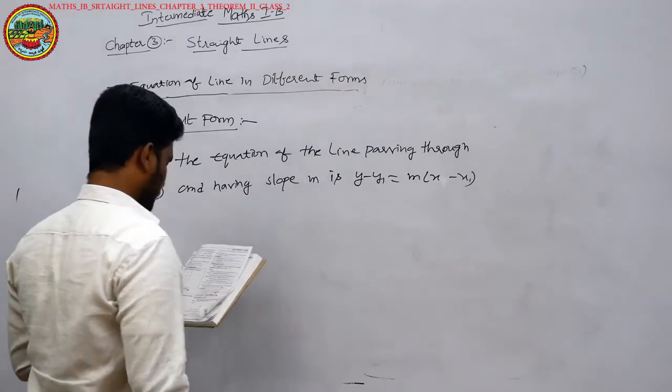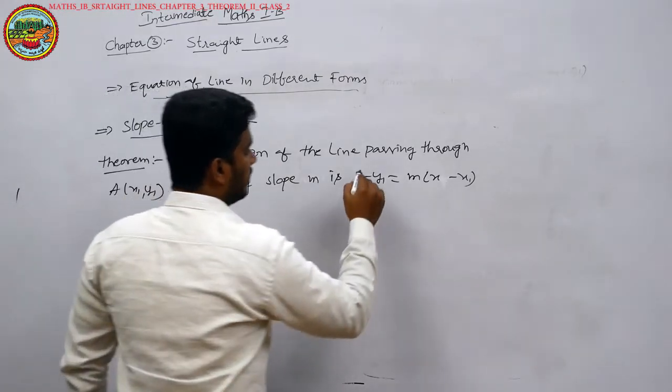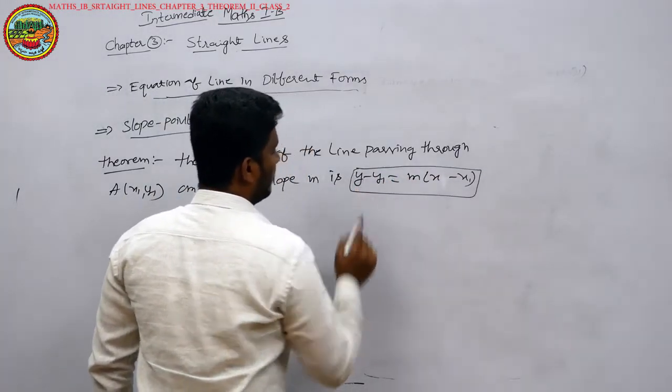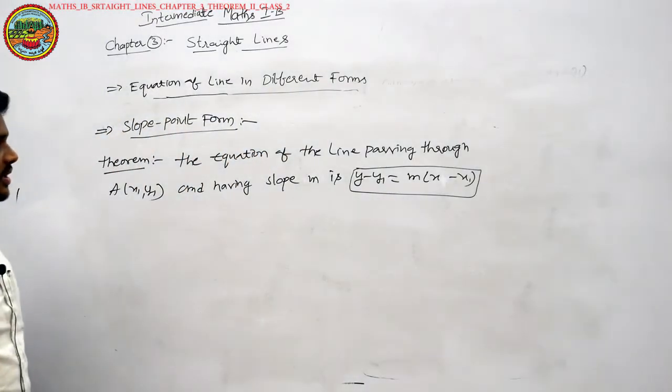This is the most important formula, which is frequently used in this chapter: y minus y1 is equal to m into x minus x1.